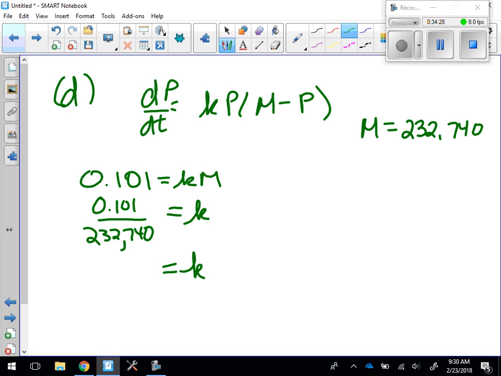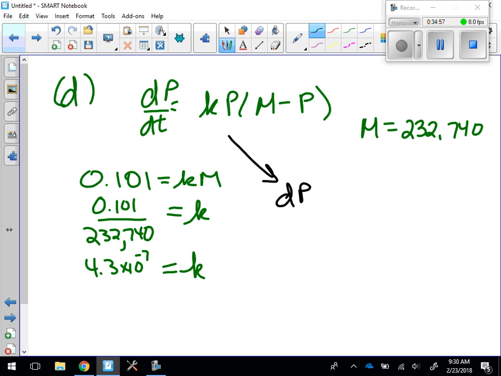And what's my k value going to be? Okay. That what other people got? Yeah? Okay. So now we can write our equation.